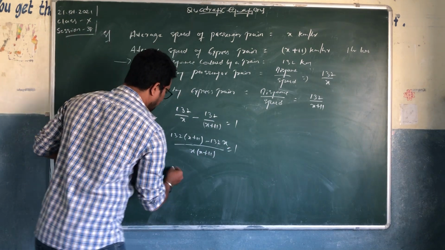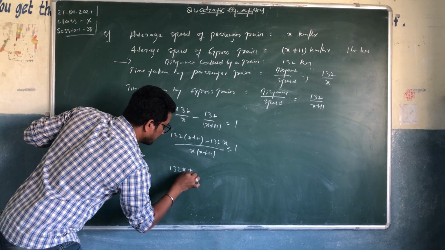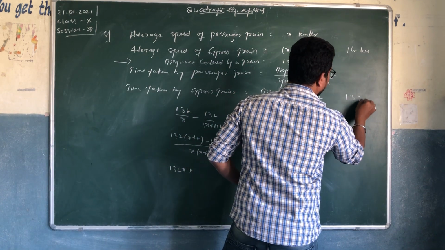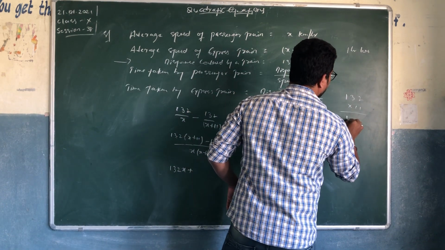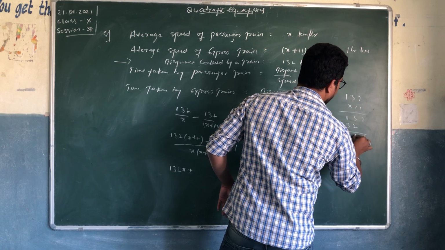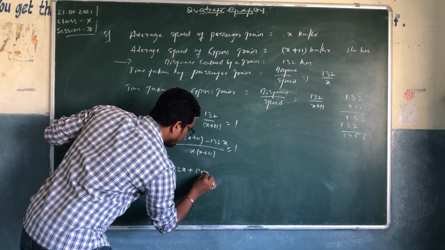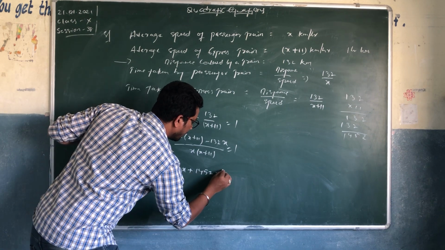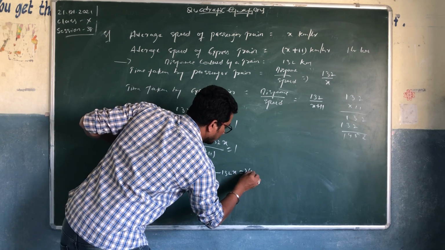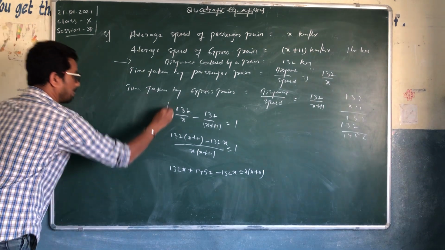Now 132 into x plus 132 into 11, how much do we get? 132 into 11 is 1452. So 1452 minus 132x is equal to x into x plus 11 into 1, which is x into x plus 11.